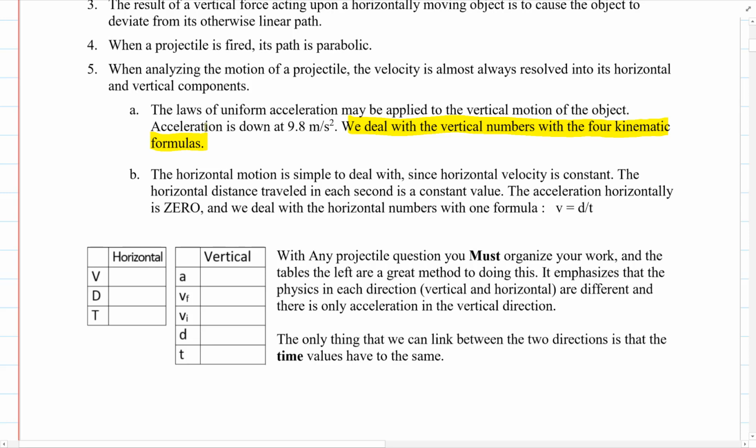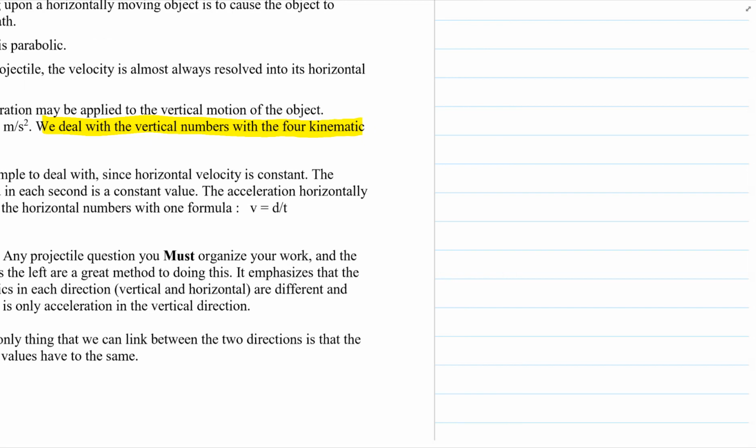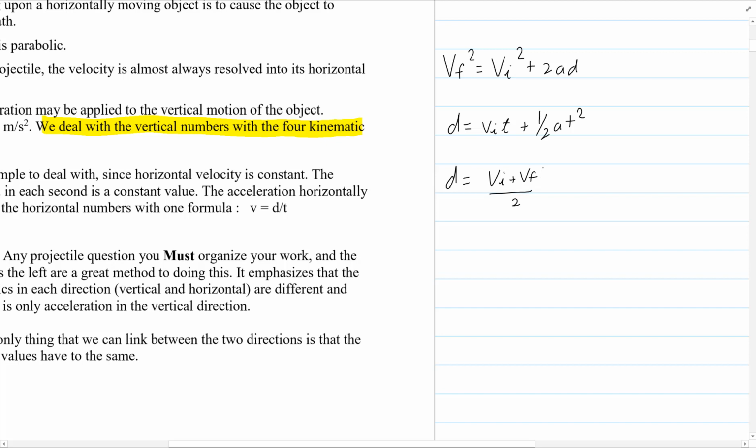What are the 4 kinematic formulas? In case you don't have them, this is a good time to write them down. In case you don't have your formula sheet, Vf squared equals Vi squared plus 2AD. D equals ViT plus 1/2 AT squared. D is also equal to Vi plus Vf all over 2 times the time.